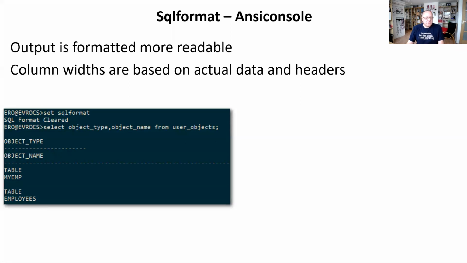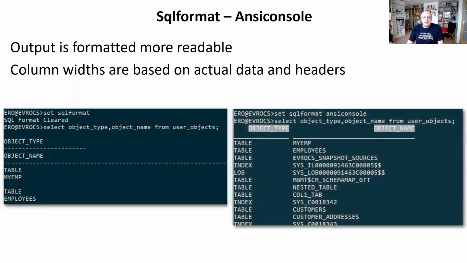For example, here we have the standard formatting, a select from user objects. Object name is a really wide column, so it gets pushed to a new line. In SQLcl, it looks like this. It's a lot more readable.